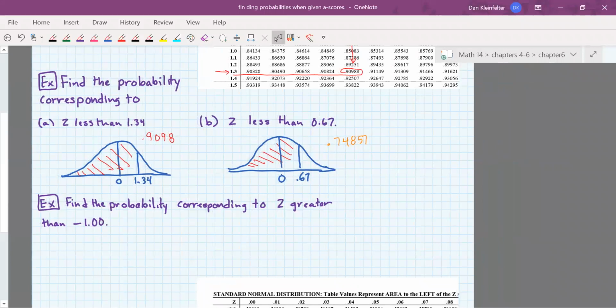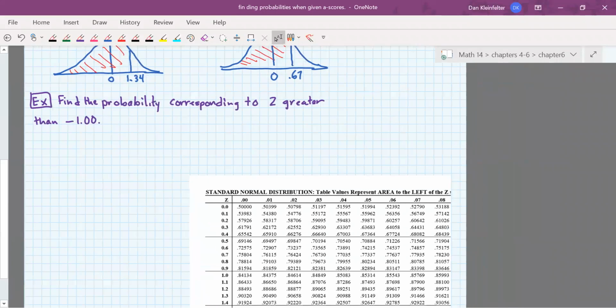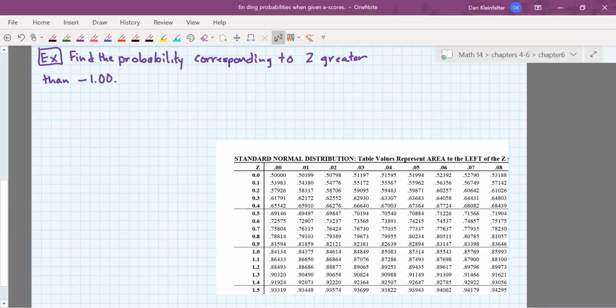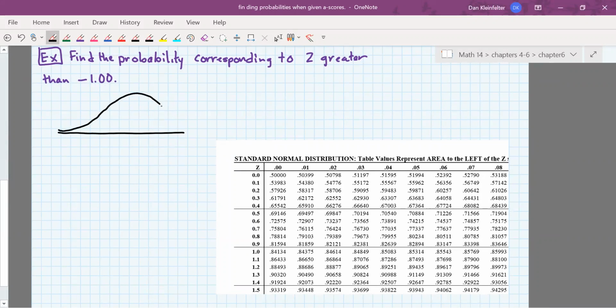And that's the probability. For the next one, we want the probability corresponding to a z that is greater than -1. So let's try that. Again, definitely a good idea to make a picture. This time we wanted the z greater than -1. So the distribution is centered at 0, and we're looking for the right of -1.